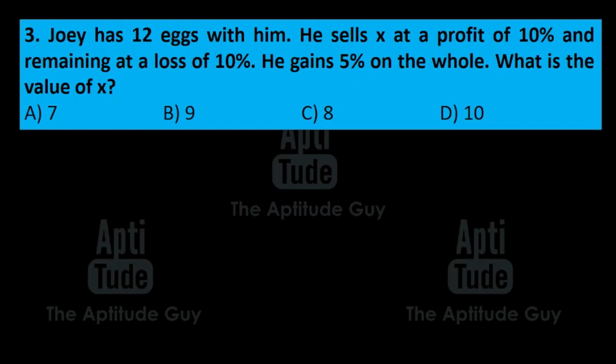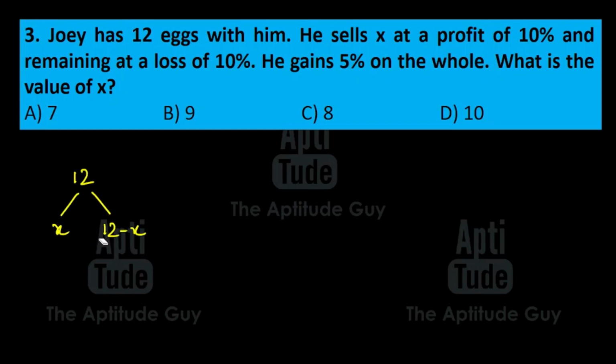Alright, let's do it. Joey has 12 eggs with him. He sells some eggs at a profit of 10% and the remaining at a loss of 10%. This is the same Joey from Friends who does not share food, but he can sell the food. Yes. So he has 12 eggs, x are sold, and the remaining eggs are 12 minus x.